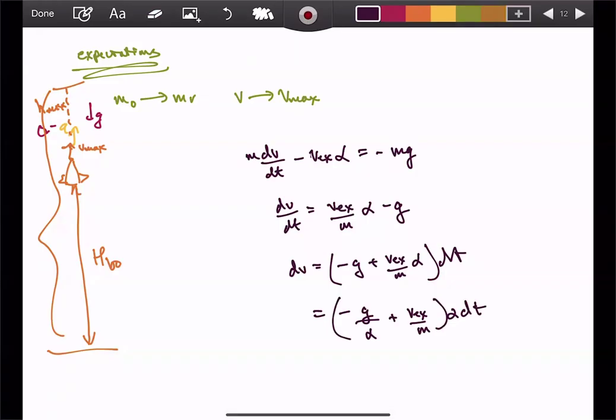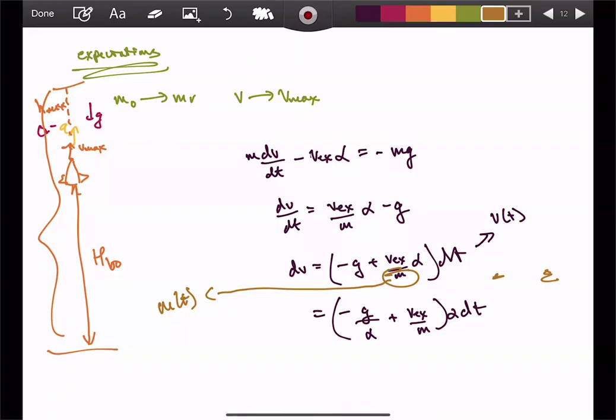So I'm doing this because the way it's written here is this is going to give me what? The velocity as a function of time. However, notice that there's this term here, right, which is the mass term. But my mass term is, of course, a function of time. So the way it's written here, I can't actually solve this differential equation until I know how the mass depends on time.